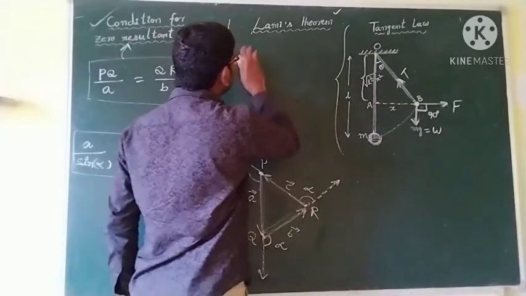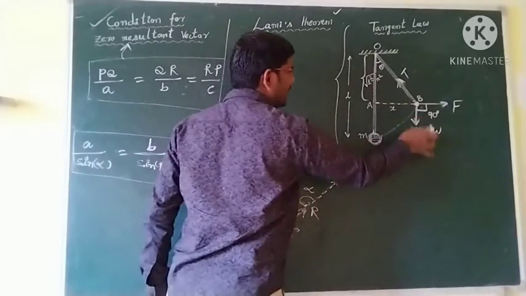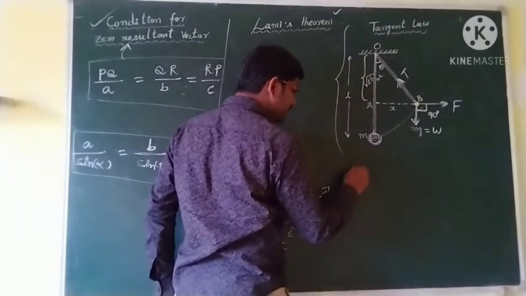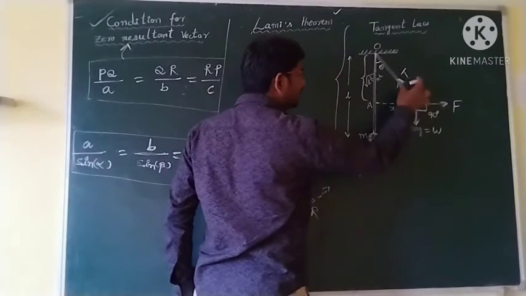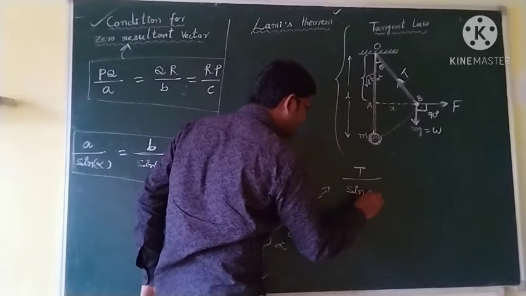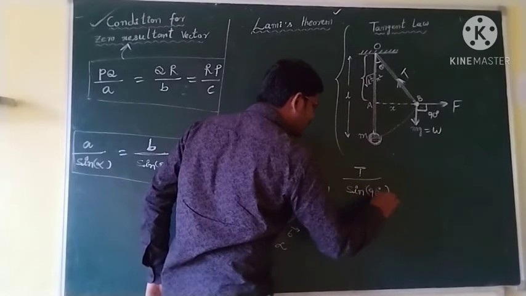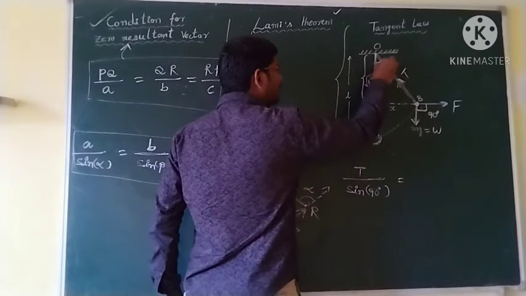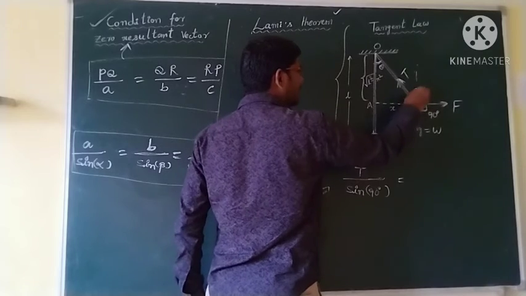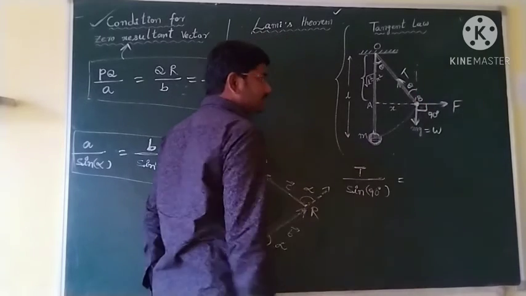So I want to write here T, tension by sine 90 degrees. You pull this aside by an angle theta, and now I draw one more parallel line, and this will become theta.